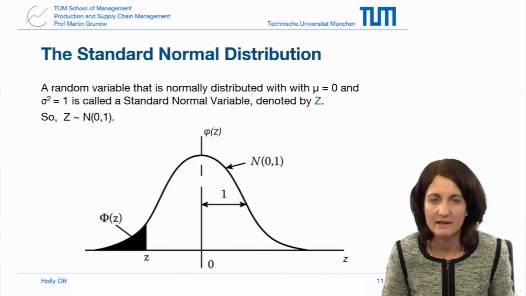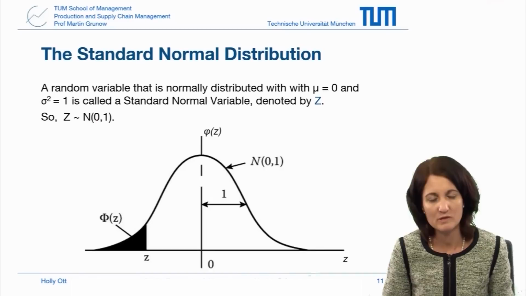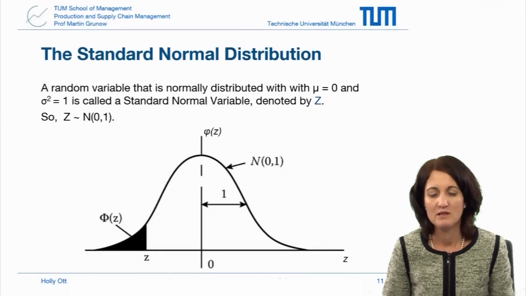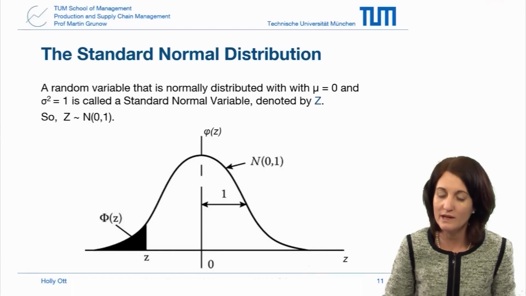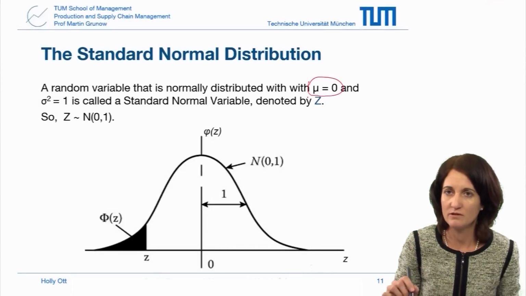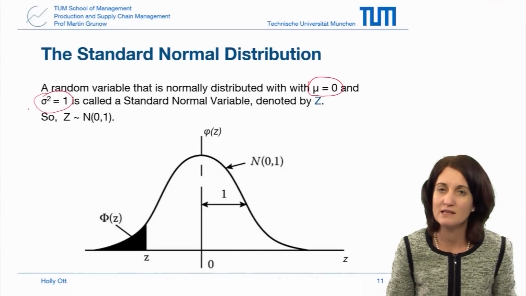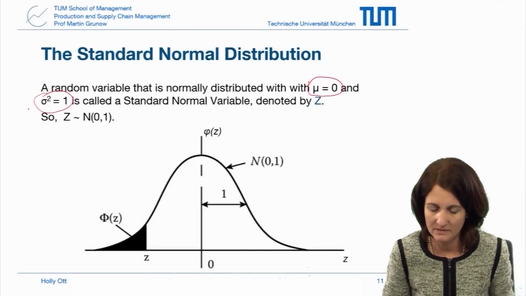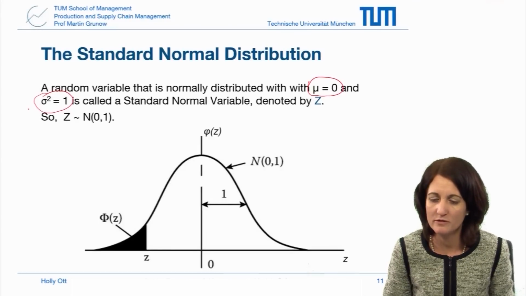Let's look at the standard normal distribution. This will help us. So if we have a random variable which is normally distributed with the mean equal to 0 and the variance equal to 1, this is called a standard normal variable.